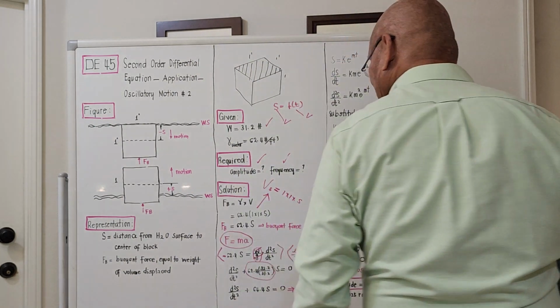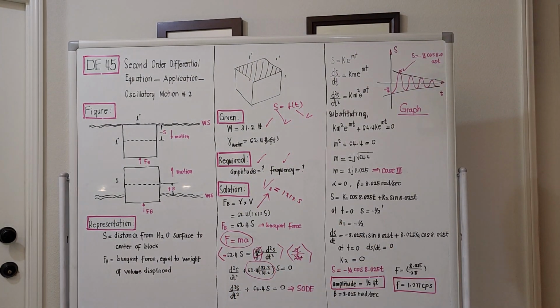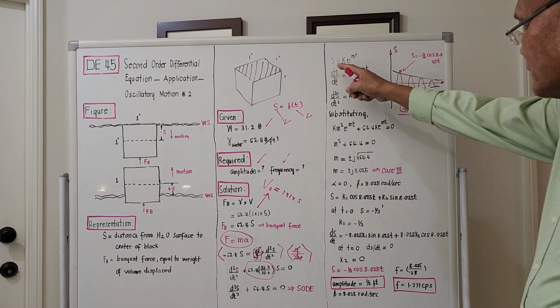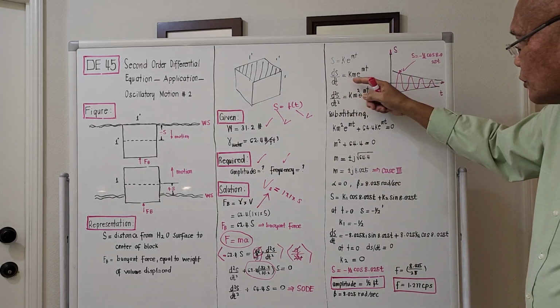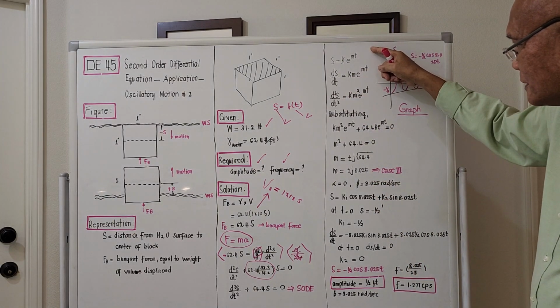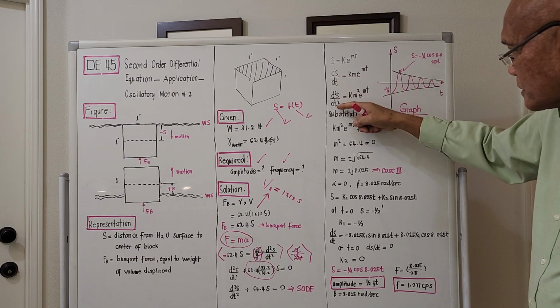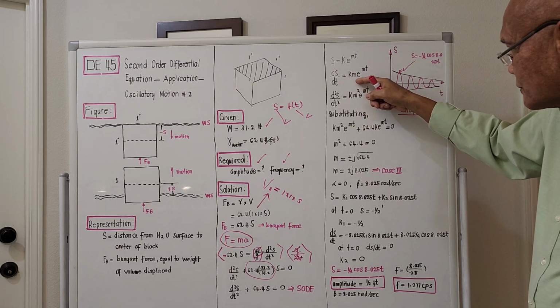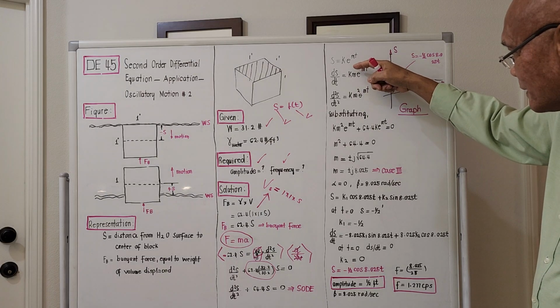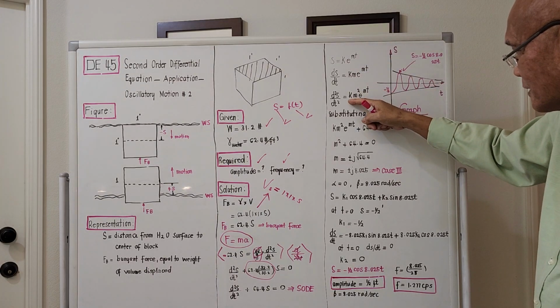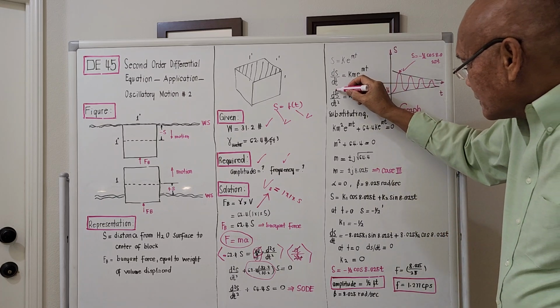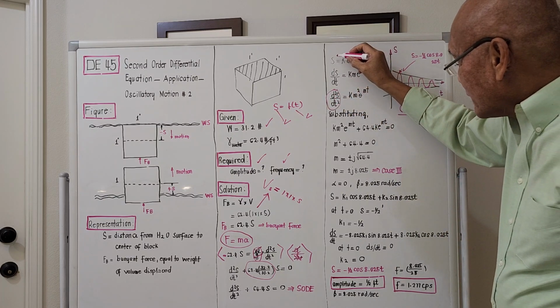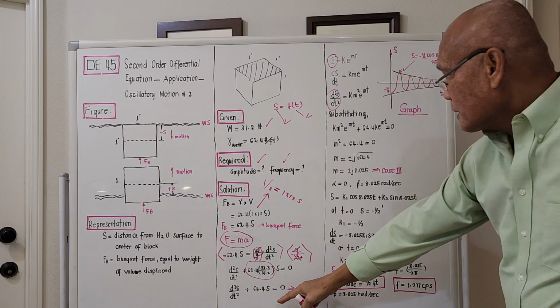So what will come out? Under the second order differential equation, we let s equal to k e raised to mt. ds/dt will be km e to the mt. d squared s over dt squared, you differentiate again, this will be km times m, so it will now be km squared e to the mt. Then we take this second derivative and the value of s and put it here.